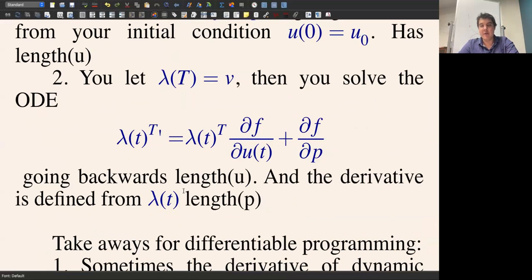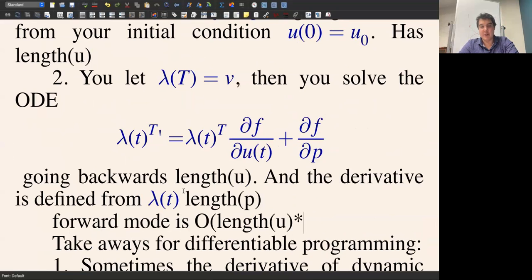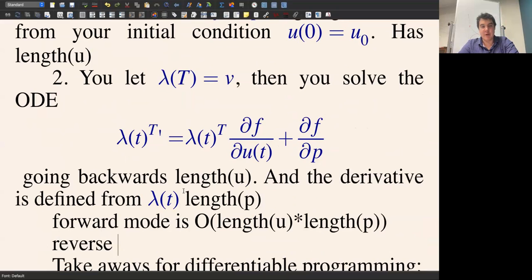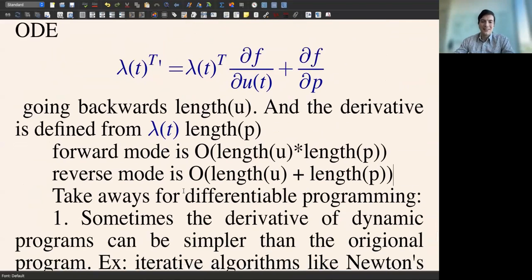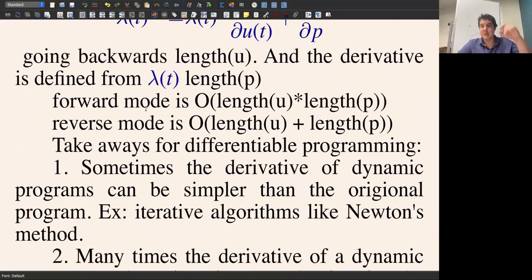So it immediately follows that forward mode is O of length of u times length of p, while reverse mode is O of length of u plus length of p. I see. So it falls out if you just count the number of equations. Very interesting.